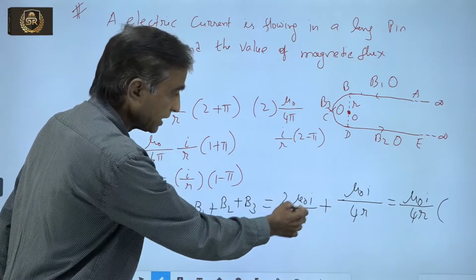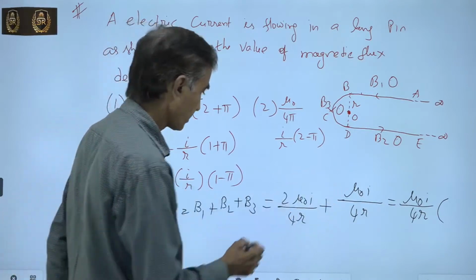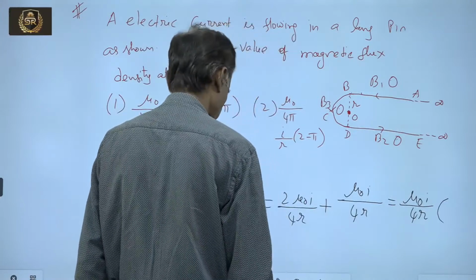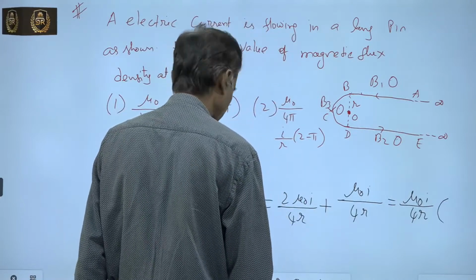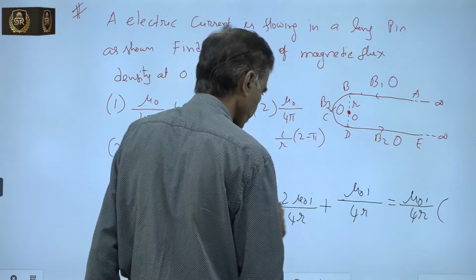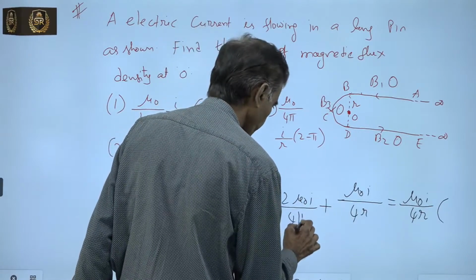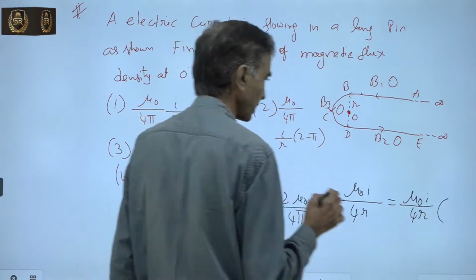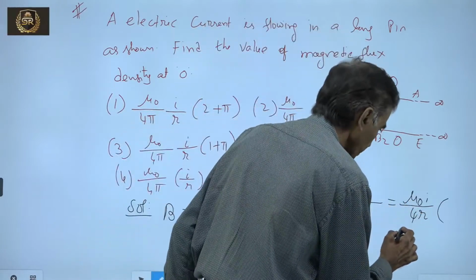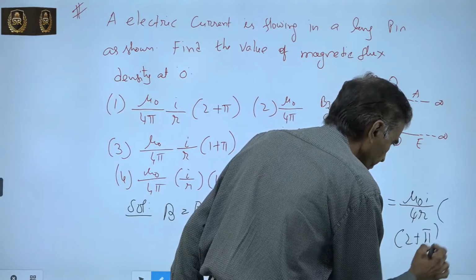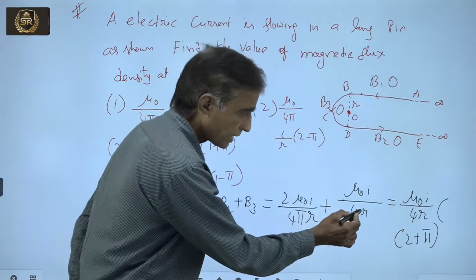There is no pi here, but for the straight wire, pi is there, 4 pi R. So here we get 2 plus pi.